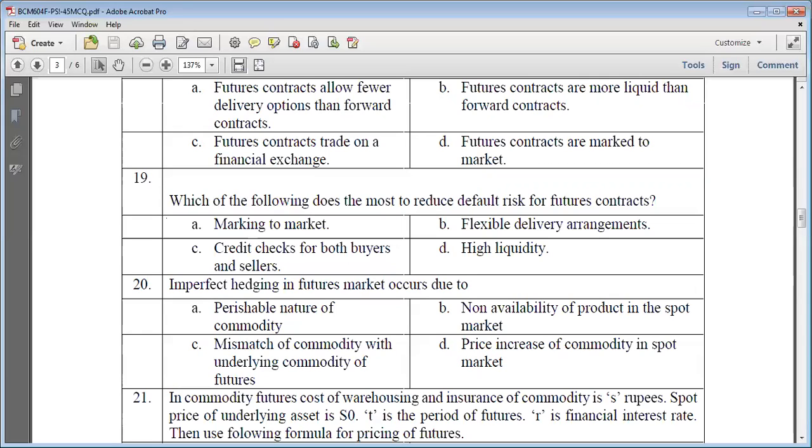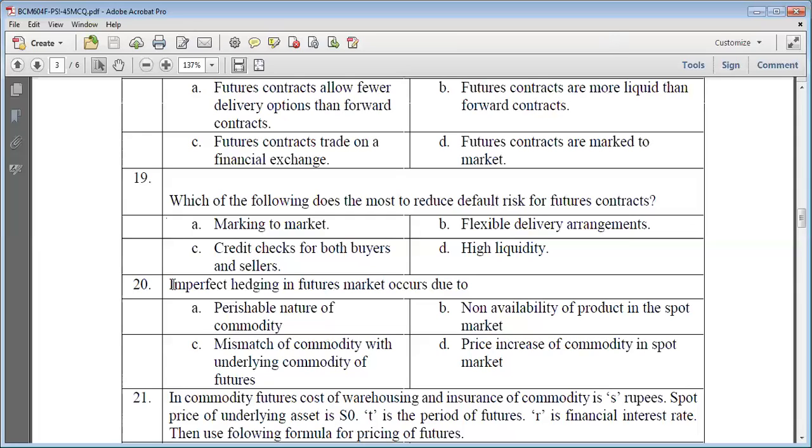In this way, both parties' default risks are neutralized. And if one party refuses to abide by the terms and conditions given by the clearinghouse, then immediately his contract is closed and the balance money is refunded to him. Thus, the other party will not suffer for that. So this is called marking to market. It is meant for reducing default risk. So the correct option is A.